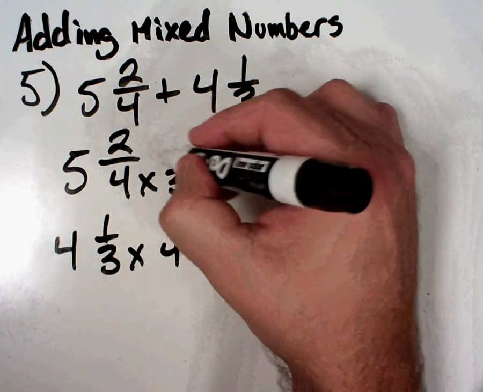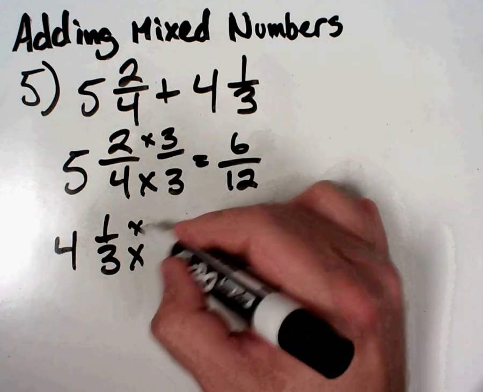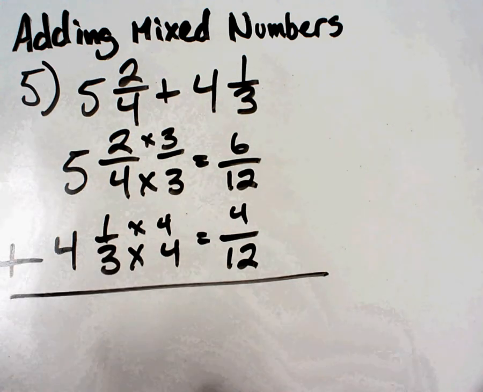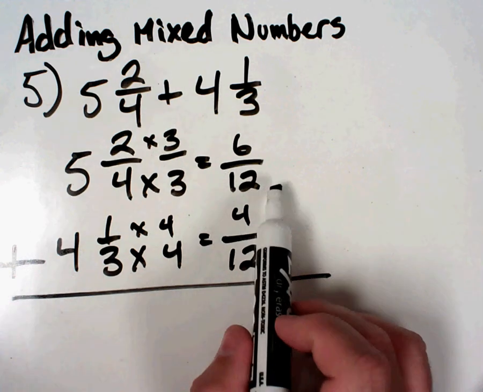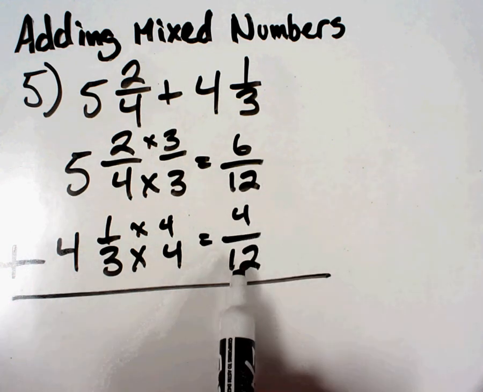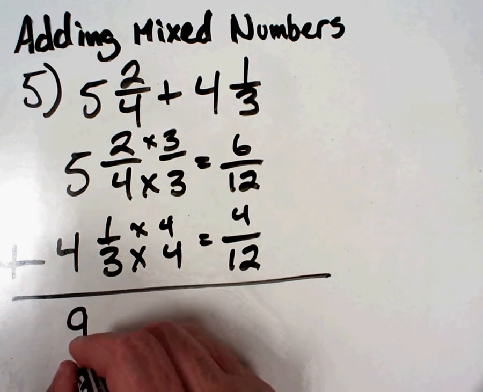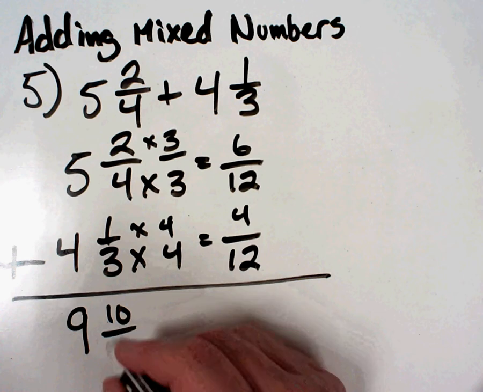Whatever I do to the denominator, I must also do to the numerator. So now I've got 5 and 6/12 plus 4 and 4/12. 5 plus 4 is 9. 6/12 plus 4/12 gives me 10/12.